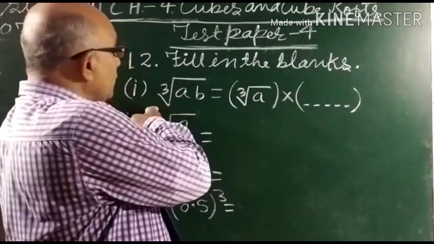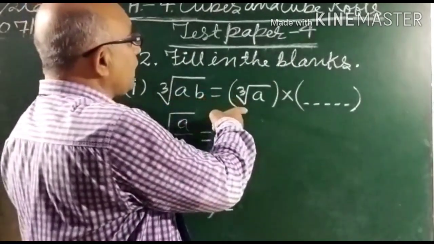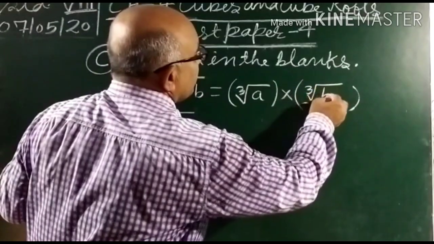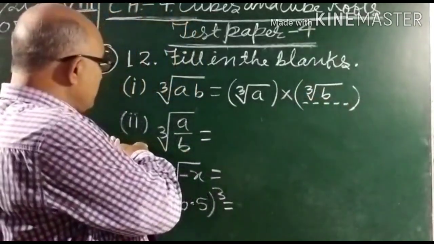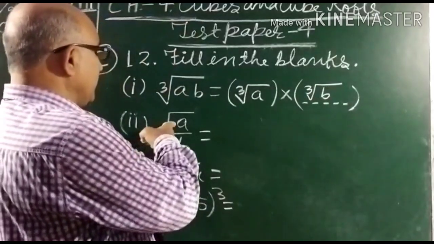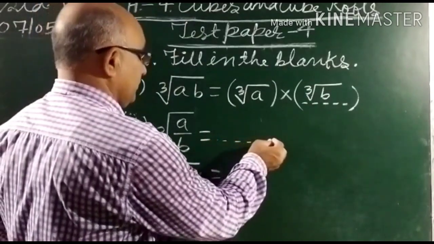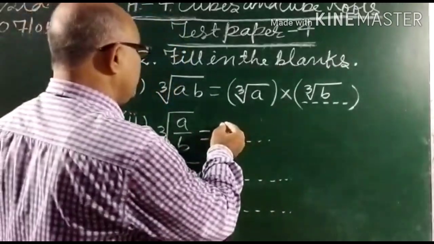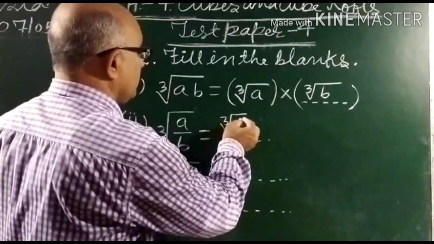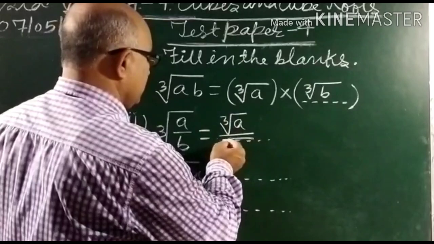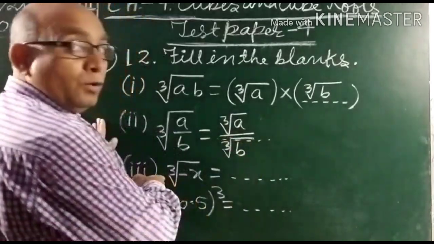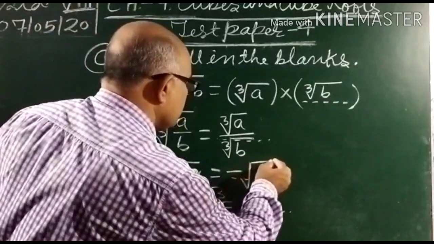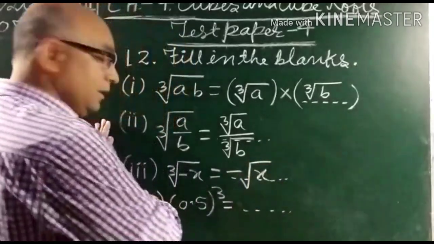Cube root of AB equals cube root of A into cube root of B. Question number 2, cube root of A by B equals cube root of A by cube root of B. Now cube root of minus x equals minus cube root of x.